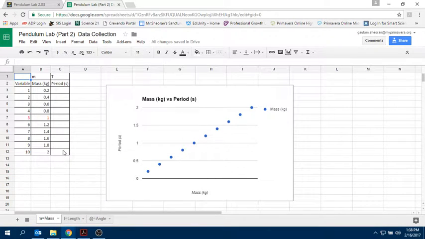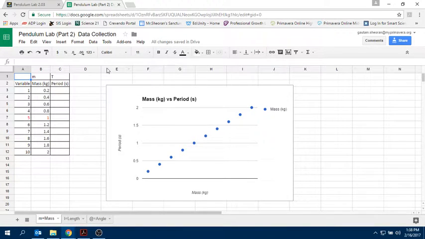You'll also notice, if you take a quick look, I have already taken the time to go through and increment out the different variables. So I've already changed the variables in each case to give us a nice range, 0.2 to 2 here in mass, and to evenly space out the changes.